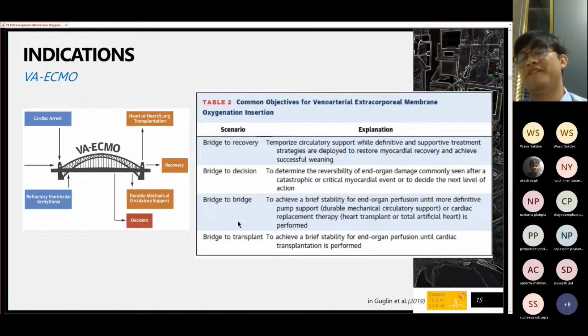I mean bridge before using further mechanical circulatory support, like using VAD and using an artificial heart. Okay, bridge to transplant. This is a waiting list for transplantations. All right.